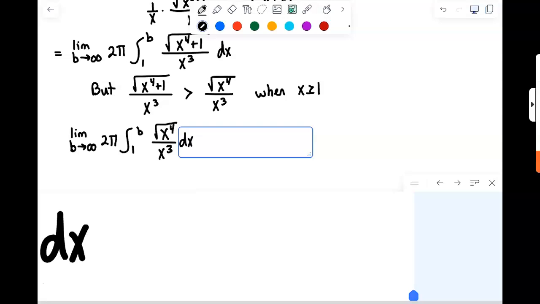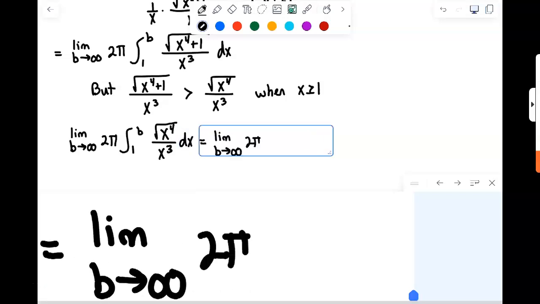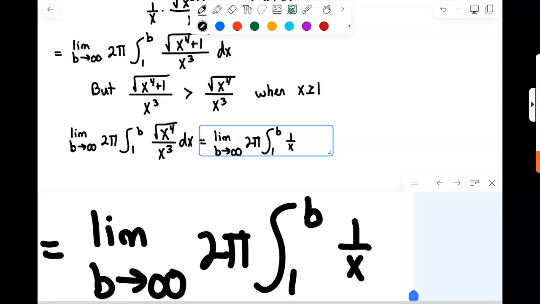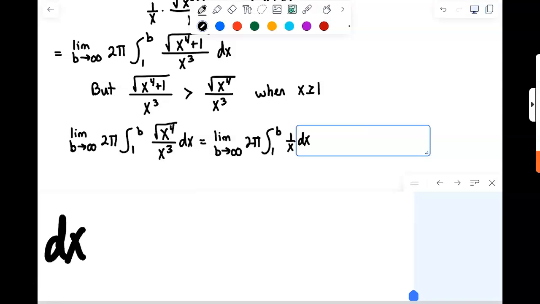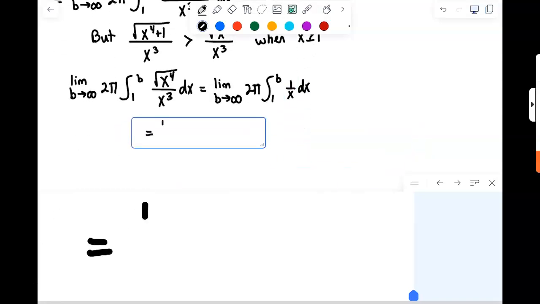And then x squared over x cubed will just become 1 over x. And so we can work that integral out.